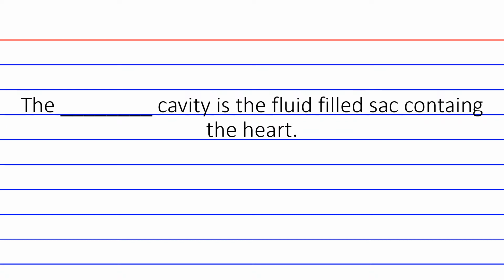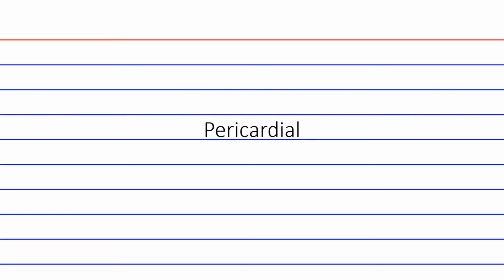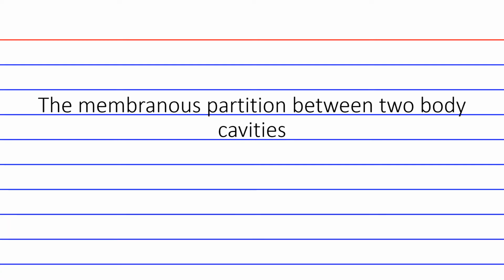The blank cavity is the fluid-filled sac containing the heart. The answer is the pericardial cavity. The membranous partition between 2 body cavities is called what?